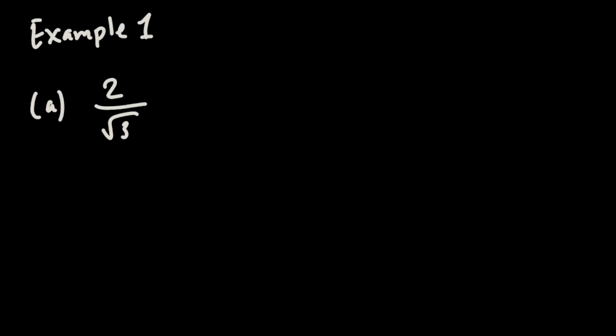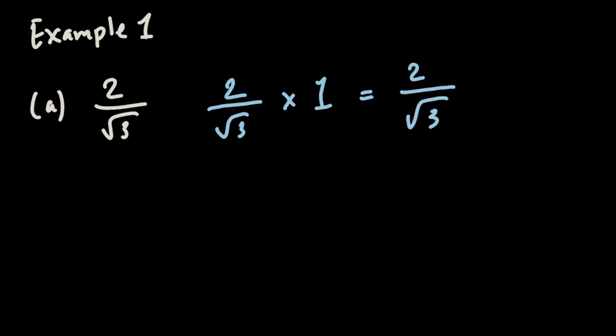Let's see an example. Example 1 part A says we have 2 over the square root of 3. So we want to rationalize it. Let's see. So the first step, we'll take 2 over the root of 3 and multiply it by 1. Then we'll convert this 1 into the root of 3 over the root of 3, because we want to remove this root of 3.